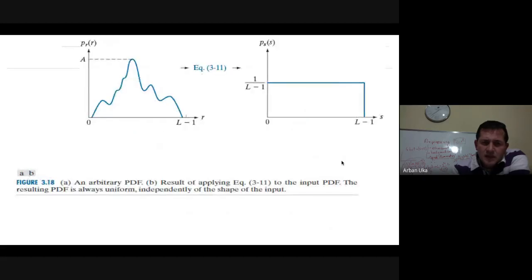Now, here we see an approach that we can try to obtain histogram equalization.